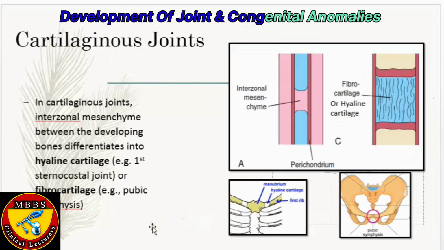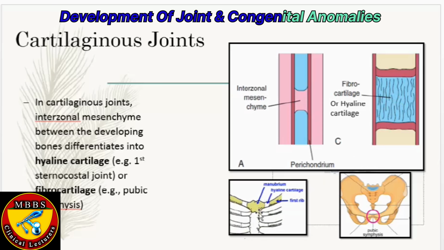Now comes the other types of joint, the cartilaginous joints. In case of cartilaginous joint, the interzone area will be differentiated either into fibrocartilage or hyaline cartilage, depending upon the type of the joint.